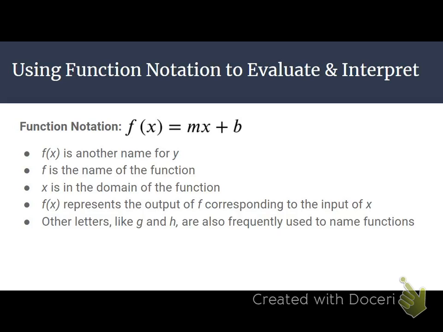All right, our big idea today is function notation. So in general, function notation will look like f of x. That's how we say this. F parentheses x means f of x. I'll make a note of that off to the side here.